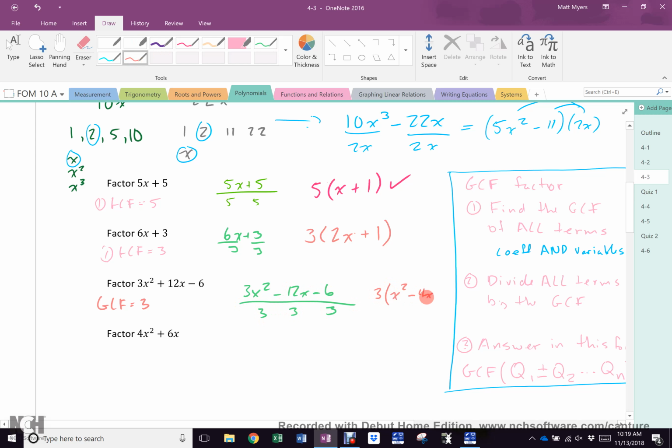Minus 4x. What's the third quotient? Minus 2. Do I have any more quotients? So I stop. Negative 12. So it has to be negative 4, because 12 divided by 3 is 4. Yes, Tommy. Oh, I wrote it wrong. Sorry. Plus 4. I just wrote it wrong.